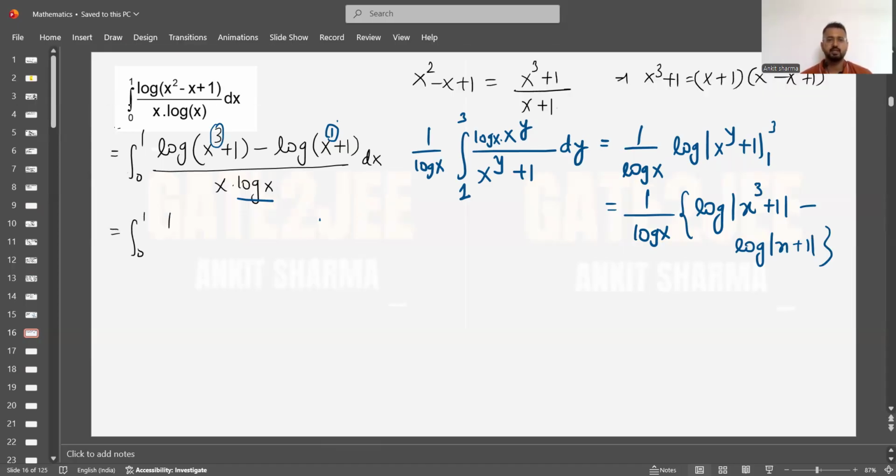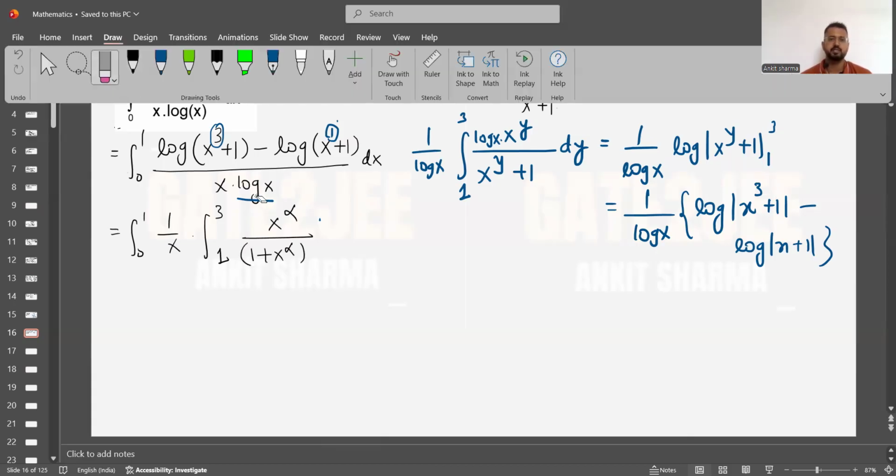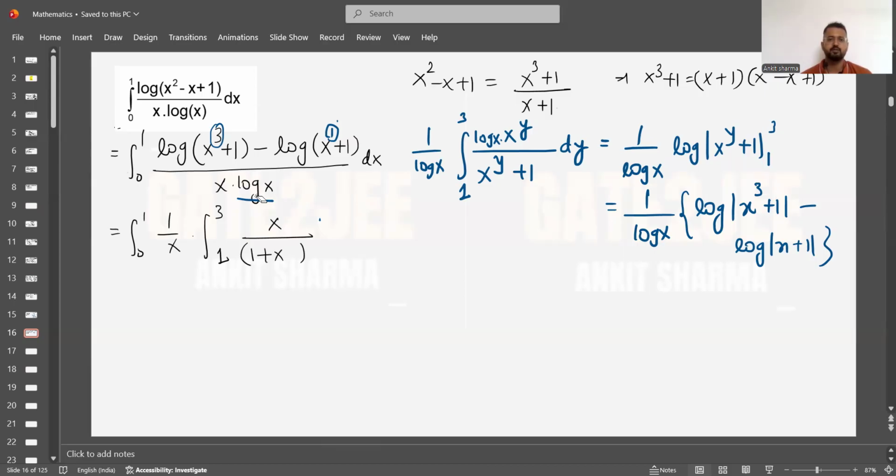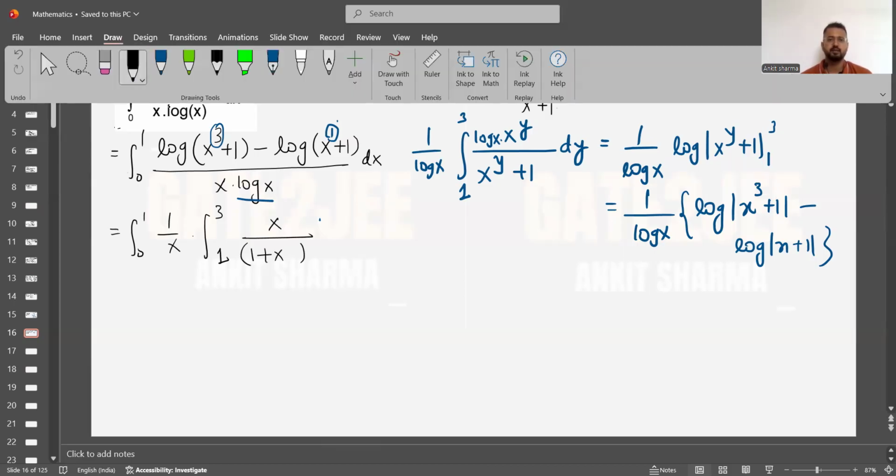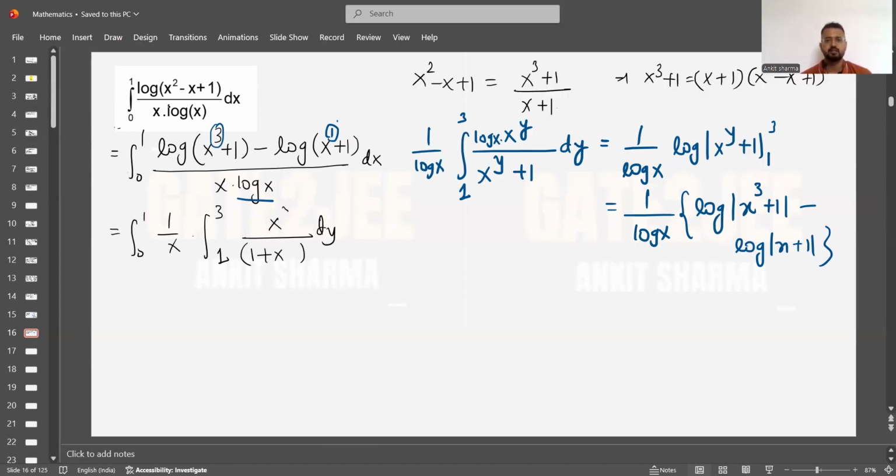I have 1 over x left, so I'll keep this 1 over x here itself and then write the integral 1 to 3, and this part I could write as x power y over 1 plus x power y. Not alpha, y we have taken. So I'll add dy and then dx. That's what we have.